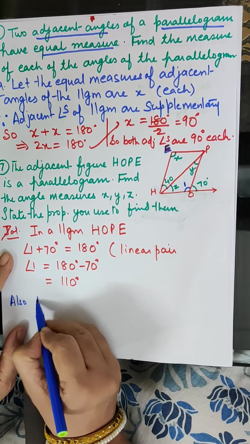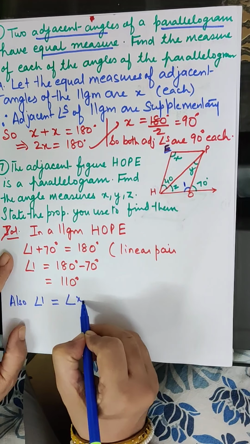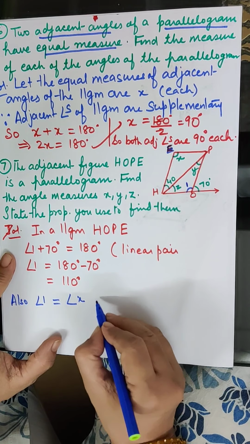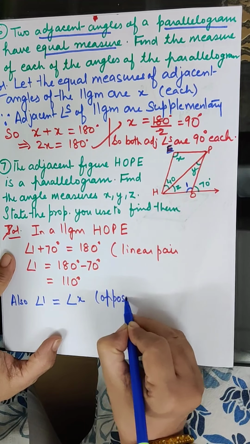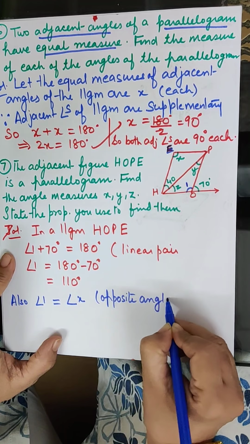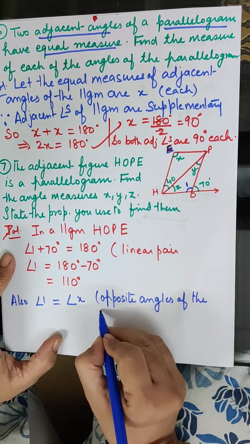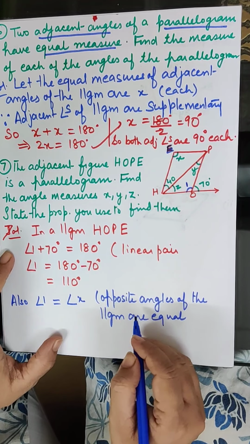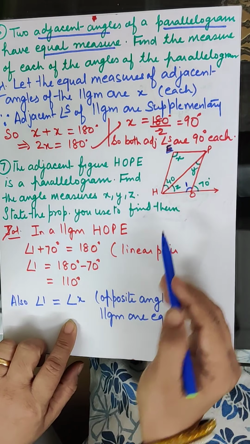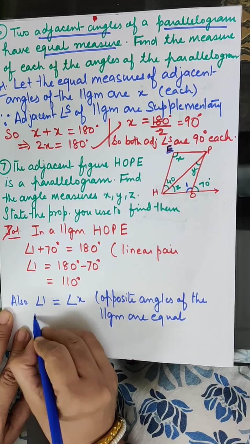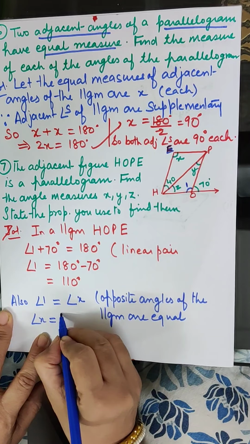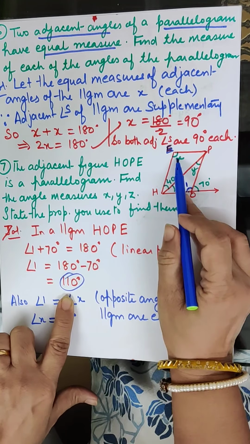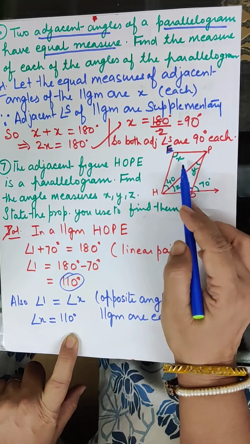Also angle 1 is equal to angle x, because opposite angles of the parallelogram are equal. So angle x is how much? Angle x is 110, because we found angle 1 to be 110 here, so angle x is also 110.